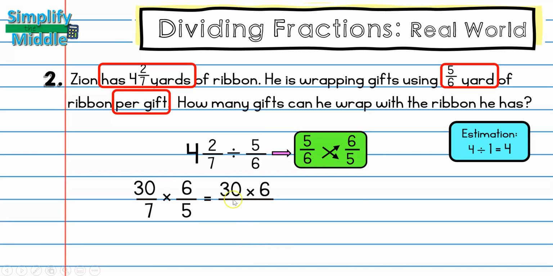When I multiply, I get 30 times 6 over 7 times 5. I see 7 and 6 don't have anything in common, but 30 and 5 have a 5 in common. So 30 divided by 5 is 6, and 5 divided by 5 is 1. So 6 times 6 is 36, and 7 times 1 is 7. Written as a mixed number, that's going to go in 5 times with 1 left over. So 5 1/7.